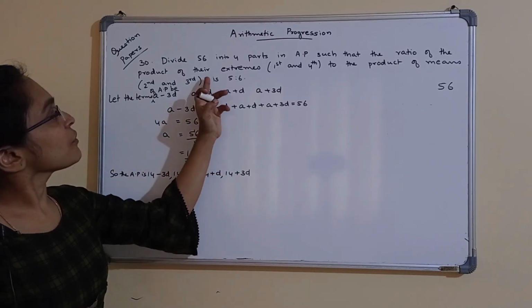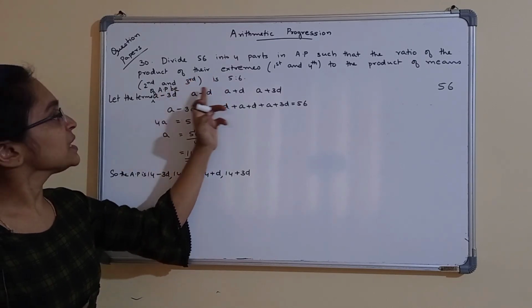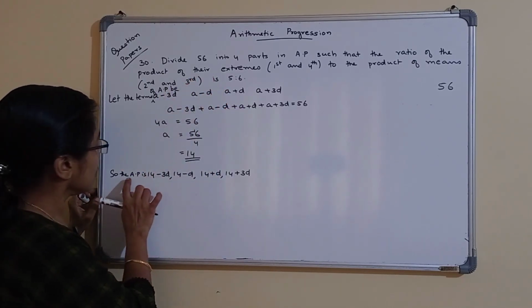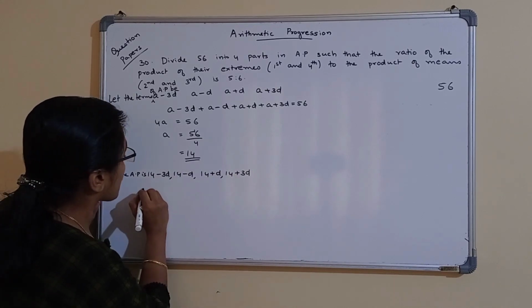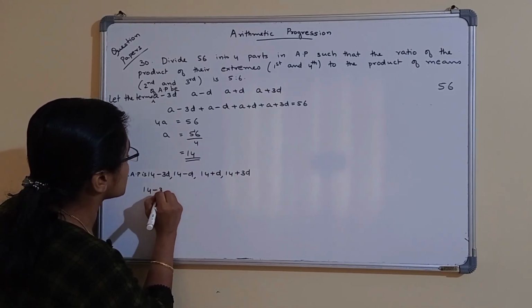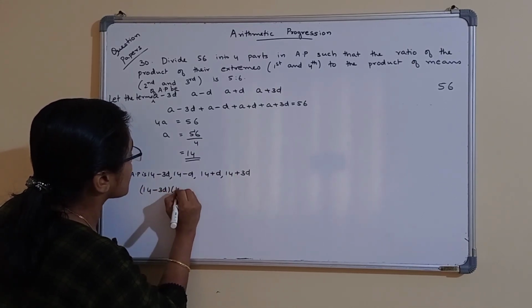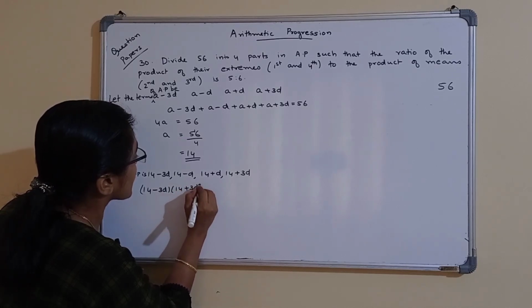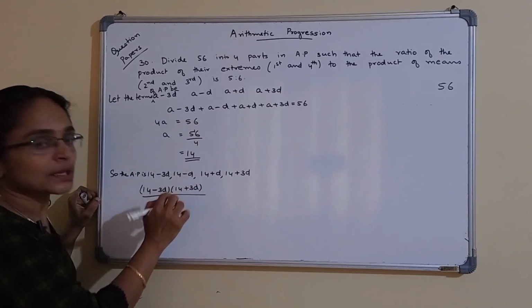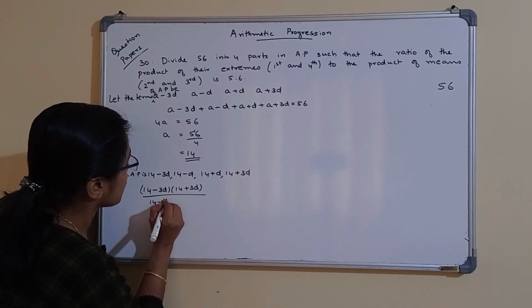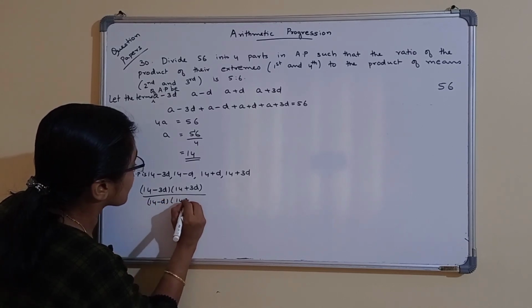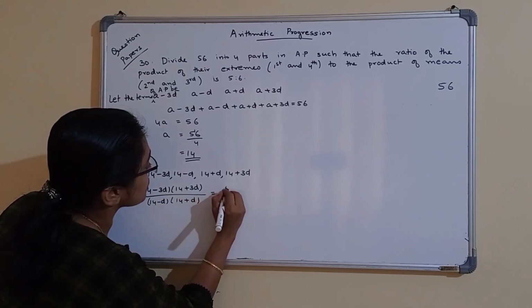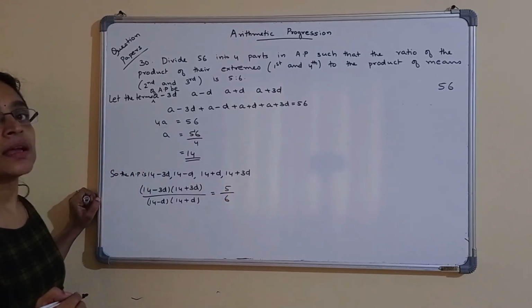And given that the ratio of the product of extremes to the product of means is 5:6. So the product of extremes is (14 minus 3d) into (14 plus 3d) and the product of means is (14 minus d) into (14 plus d), and that is equal to 5/6.